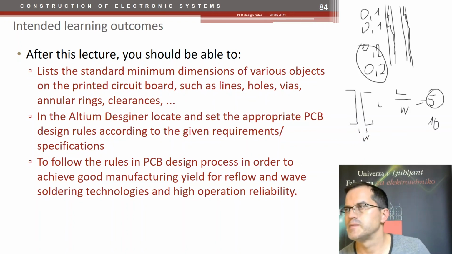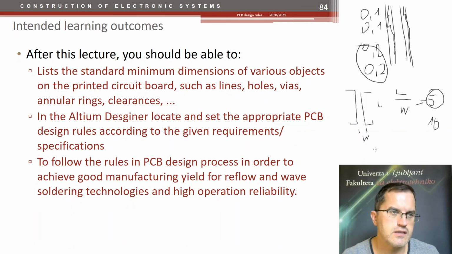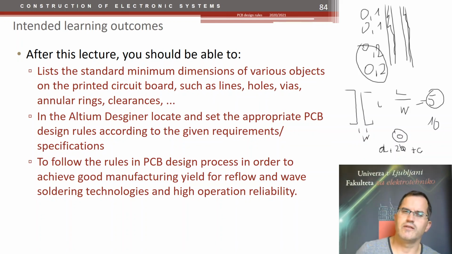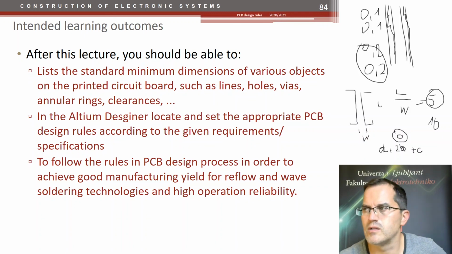What else? Annular rings. You should know the formula for the annular ring. So the width of the hole, the diameter plus 2 times the annular ring, I think it's A or something, or this is A and this is B, right? Annular ring plus C, the allowance of the tolerance of the hole drilling process.